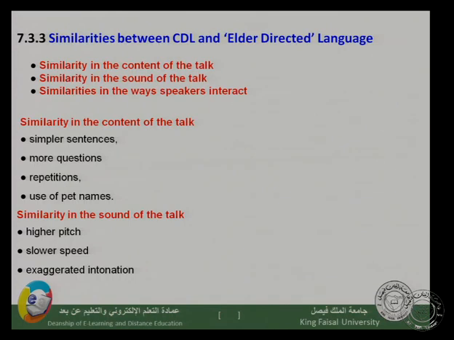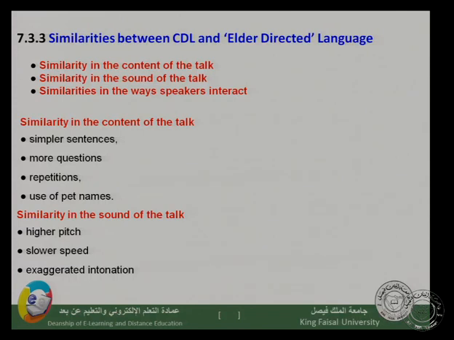The use of pet names is when you call a little child my dear, my honey, or any other name that he or she prefers. So this is one common point between the child-directed language and the elderly-directed language, where in both languages you use pet names, or what we call endearing names.